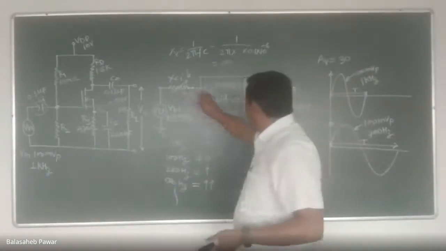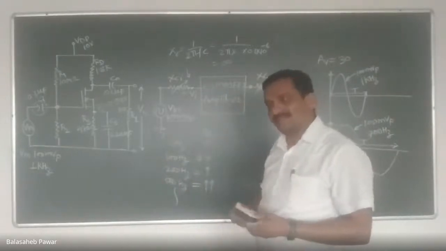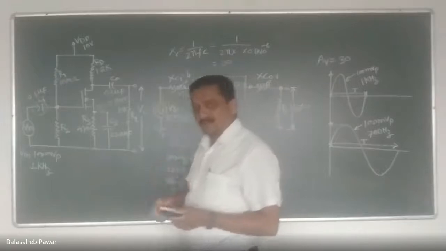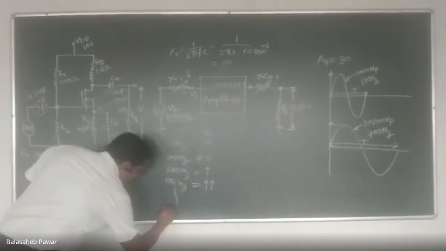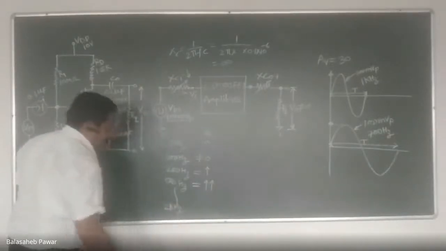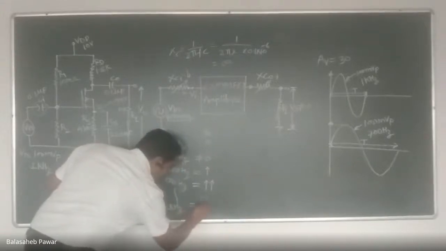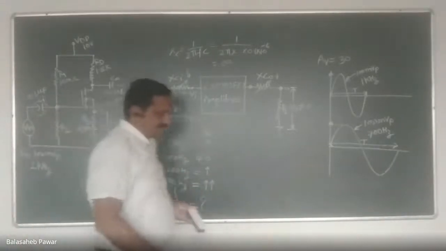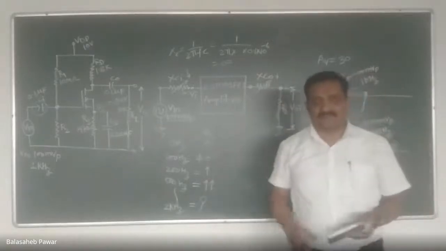It will be almost 0 ohm. Not exactly 0, but closer to 0 ohm. Suppose that frequency is 2 kilohertz. What will you say about this VO? Remember that VO will be maximum VO, correct?